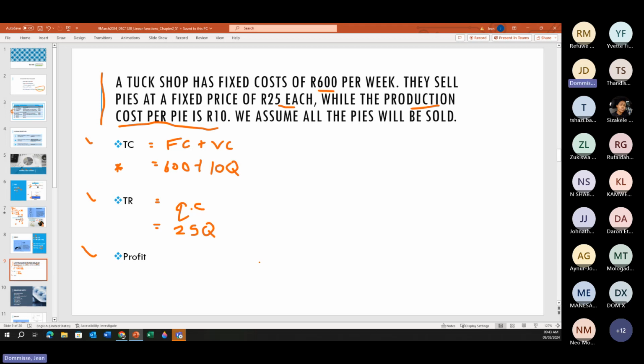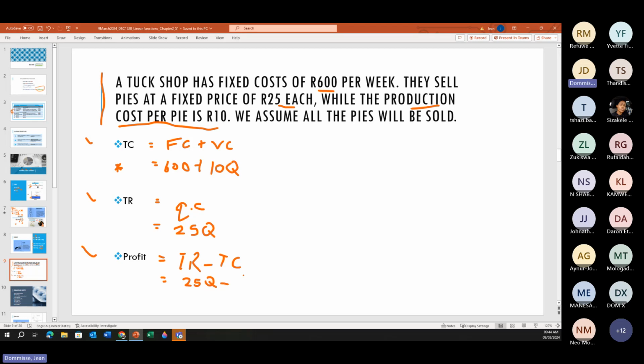So they say all pies will be sold. Okay, so now we will need to look at a profit function. All that we will need to do is to say, okay, well, profit, remember that is total revenue minus total cost. So we've got total revenue, that is 25Q.